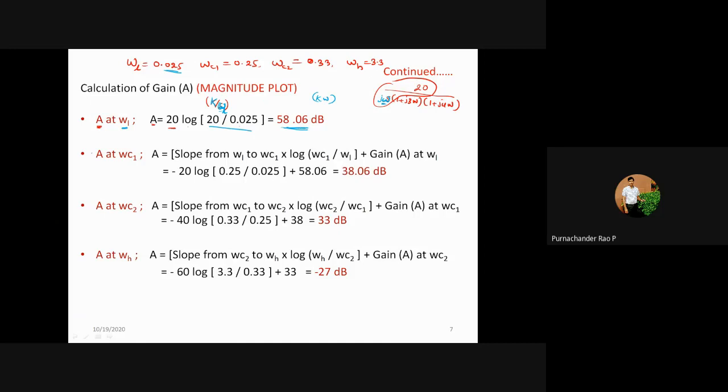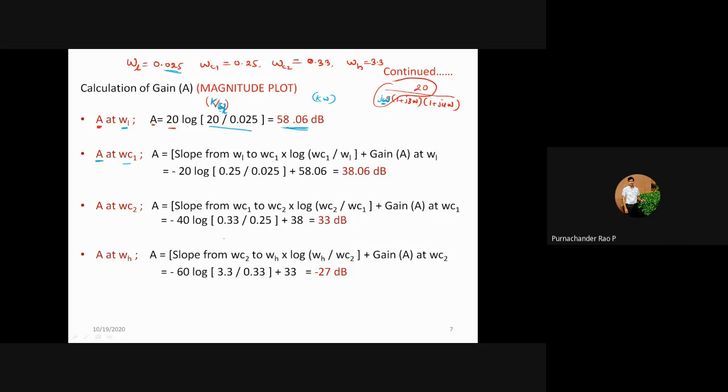Then after that, at A we need to find omega C1. That is, A is nothing but slope from omega L to omega C1 into log of omega C1 by omega L. Remember these formulas directly.